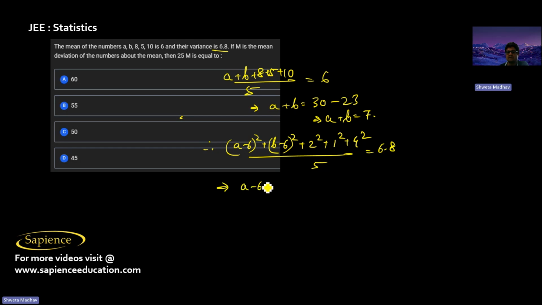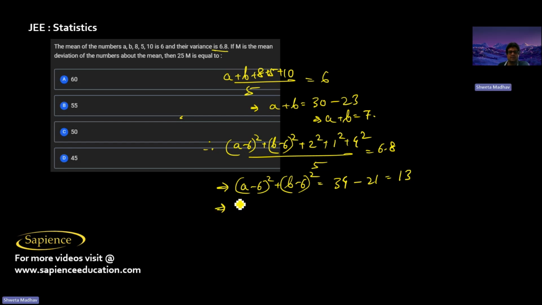Therefore (a minus 6) whole square plus (b minus 6) whole square is equal to 5 into 6.8, that is 34, minus 4 plus 9 plus 16 plus 4, that is 21. So that is equal to 13.